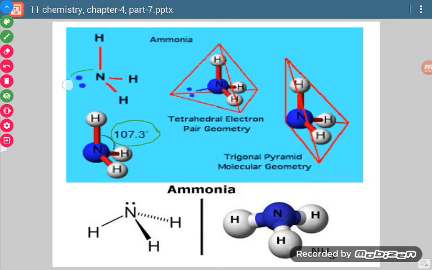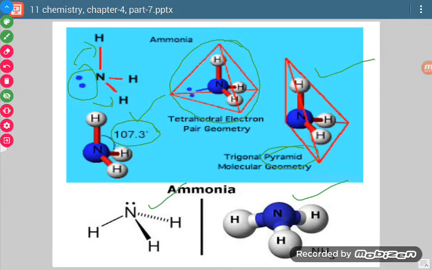Okay, so this is the lone pair, it exerts repulsive forces on the bond pairs, and so this becomes the bond angle. Otherwise it should be like this in tetrahedral form, but because of the lone pair, this becomes the geometry, and this is called pyramidal geometry. Okay, so we can represent it like this also or like this also.